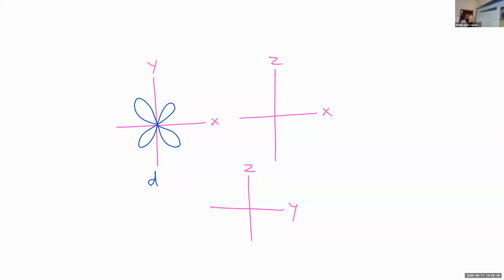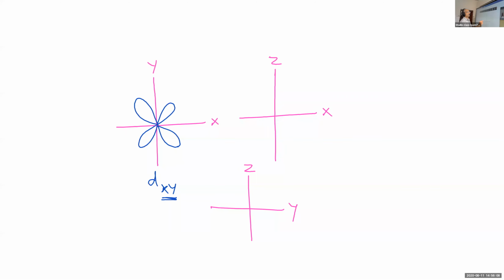So this is a dxy orbital. dxy is a double dumbbell, and these are between x and y. Care must be taken: double dumbbell between x and y.